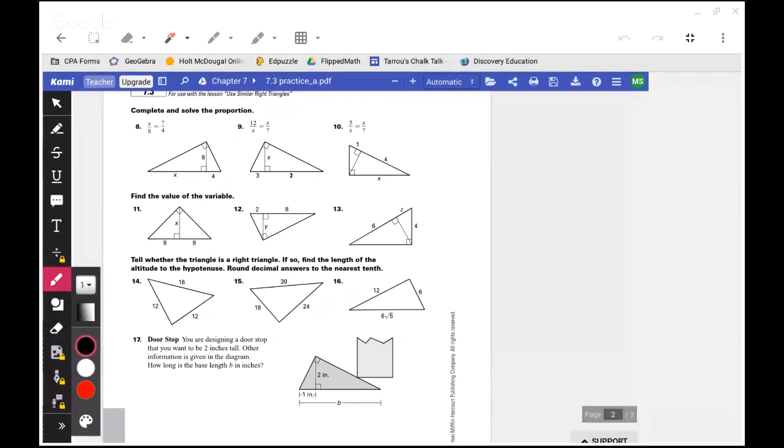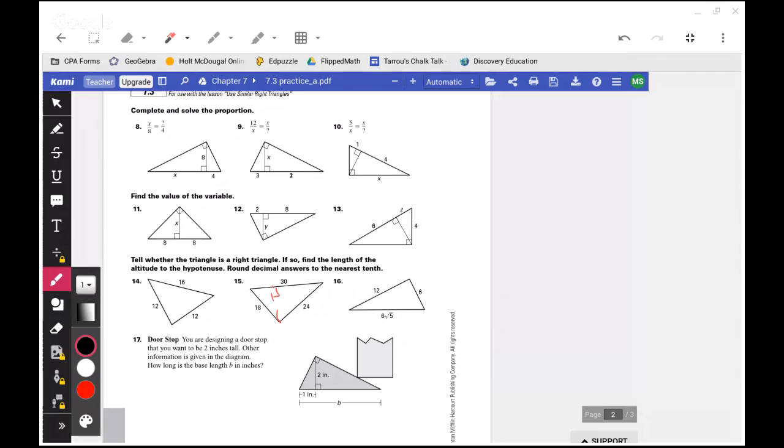Okay, so for 15, we are trying to find the length of the altitude, right? So if we draw an altitude, it's going to meet perpendicular. Okay, you know I can't draw straight lines here, so just imagine that's a straight line, right?